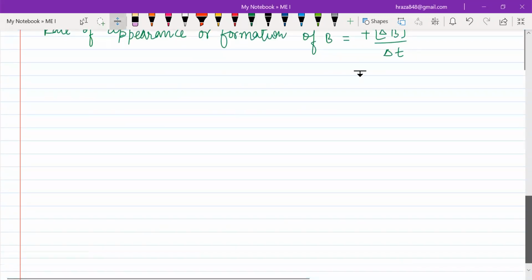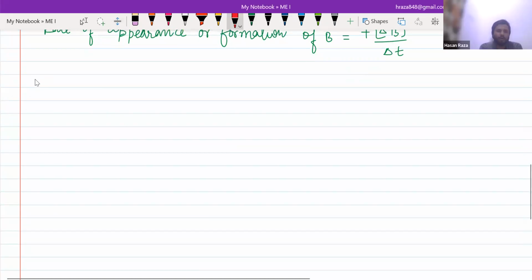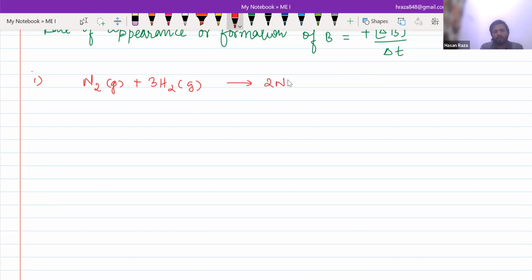Okay. If I give you a reaction N2 plus 3H2 giving 2NH3, and I ask you to write the rate of appearance and disappearance of the reactants and product in this reaction, can you do this?